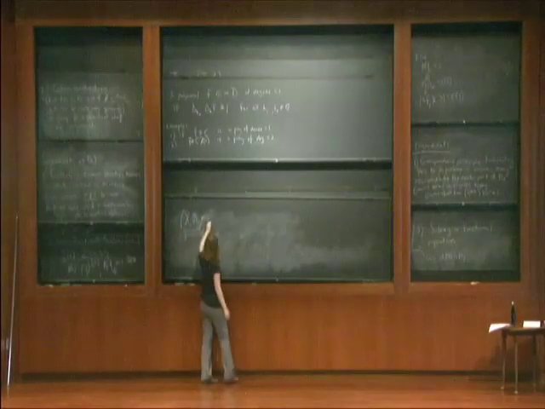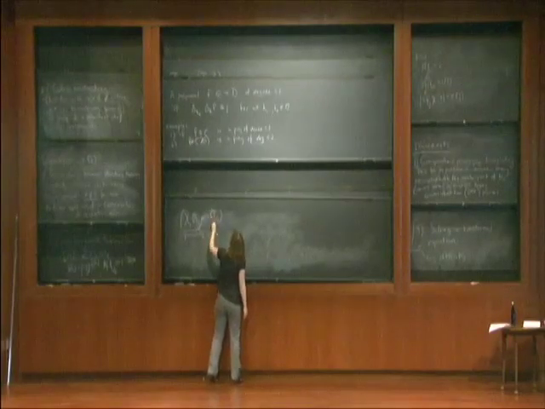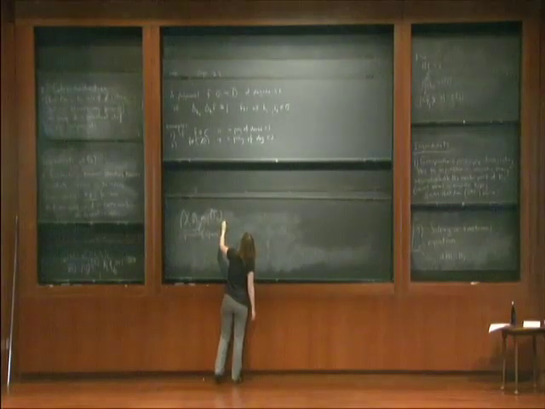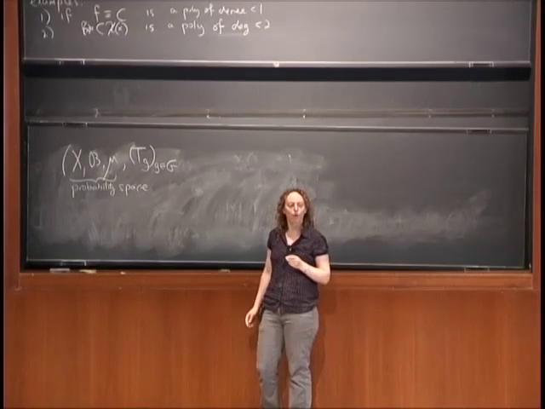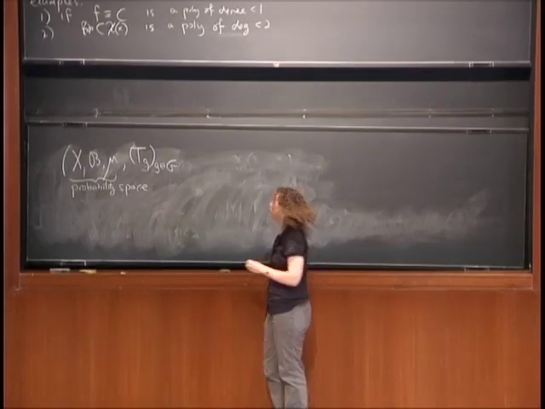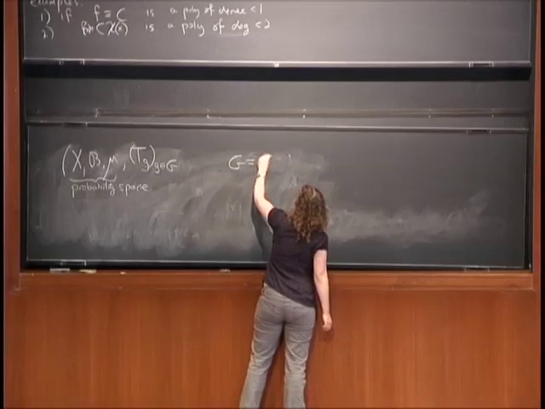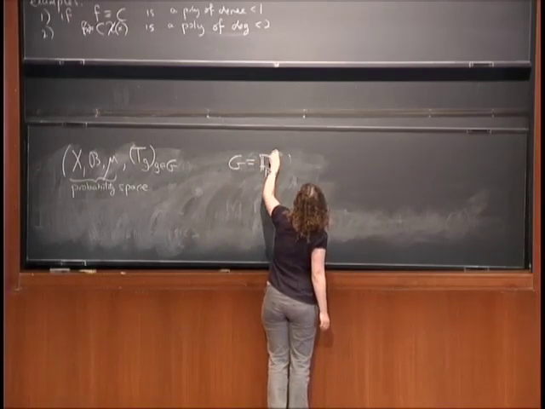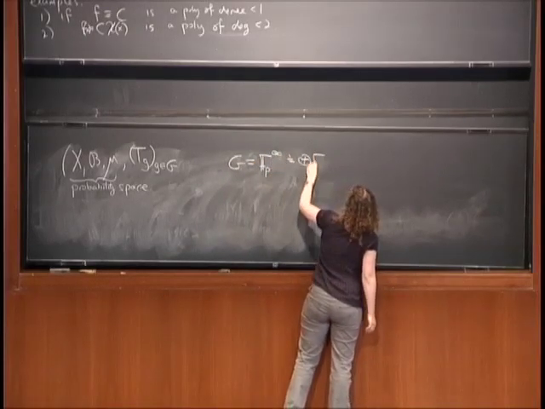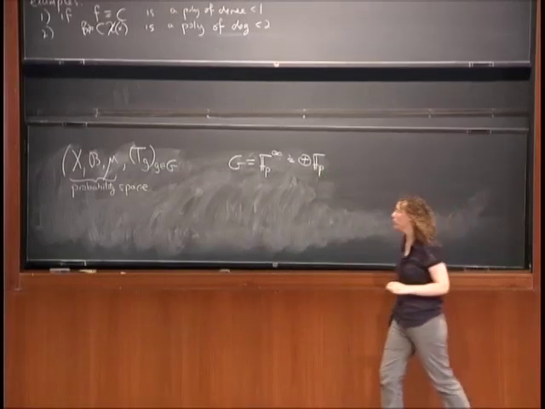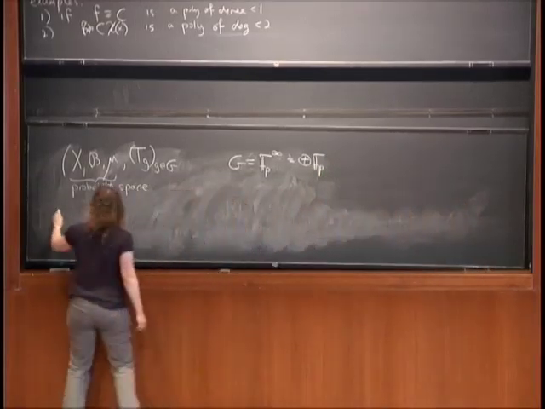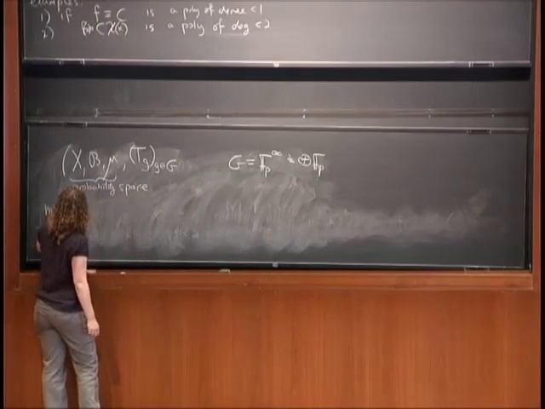In our case, G now changes its role, but if you allow n to be infinity, then that's fine. G is F_p infinity, or the direct sum of F_p. So we look at the action of this group, and this is a measure-preserving system.